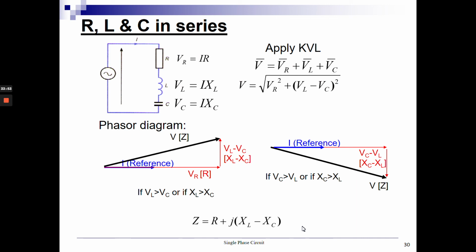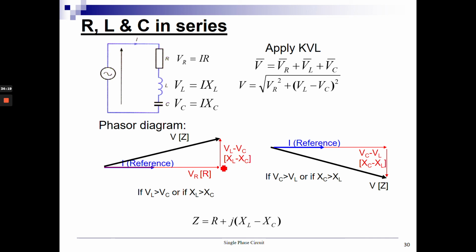Okay, the last one for series circuit is combination of R, L, and C in series circuit. So apply KVL. So you will get this equation. So this is how you draw the phasor diagram. Your VR is at the x-axis.